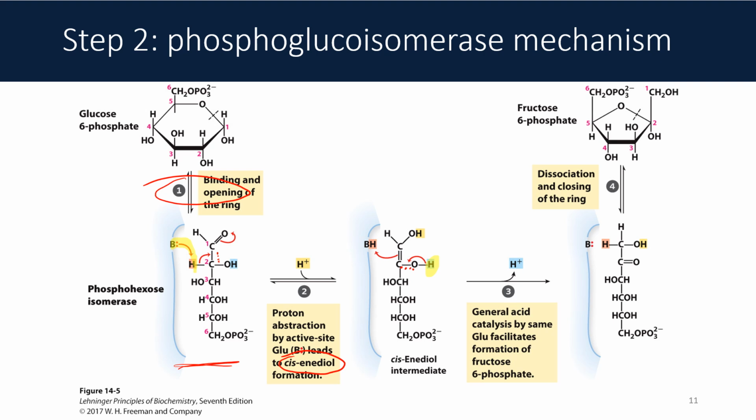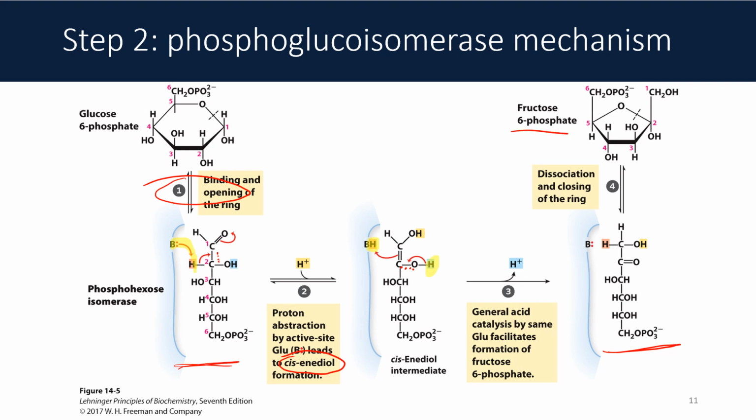That pi system will break and act as a nucleophile and attack the H that we just abstracted from the C2 position in the previous step. Once all is said and done, what we are left with is this fructose unit, which is now linearized. It is now free to dissociate and recyclize into fructose 6-phosphate.